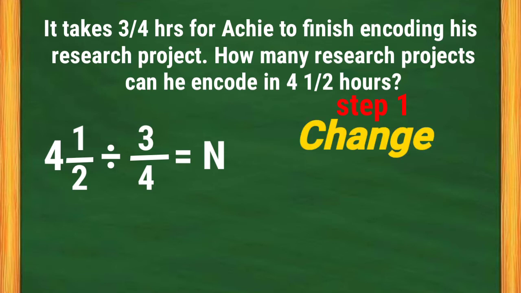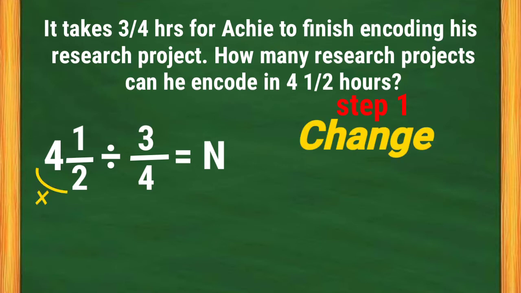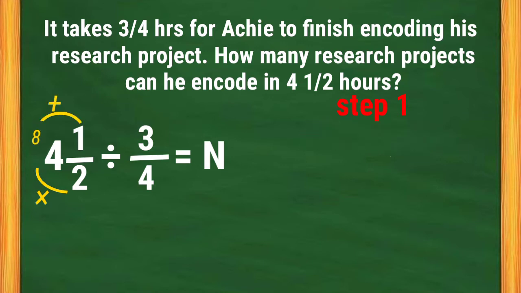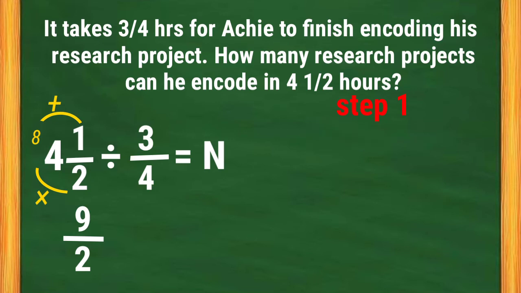In changing a mixed number into an improper fraction, you have to remember the two operations that are involved, which are multiplication and addition. You are going to multiply the denominator and the whole number, which is 2 times 4 is 8, and you are going to add the numerator. 8 plus 1 equals 9. So 9 over, copy the denominator, which is 2.